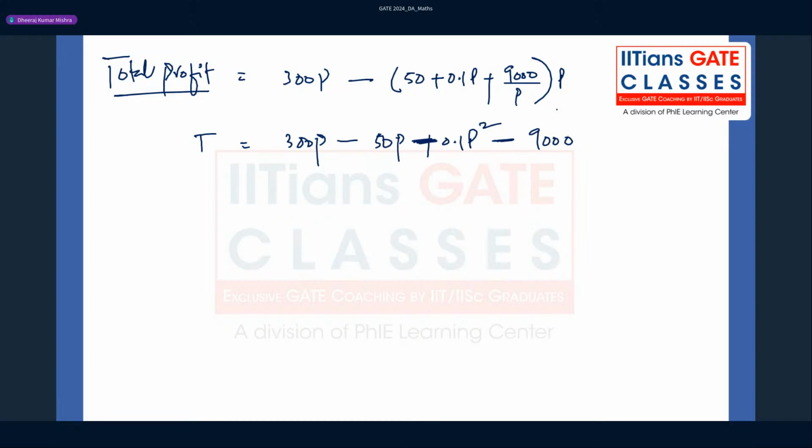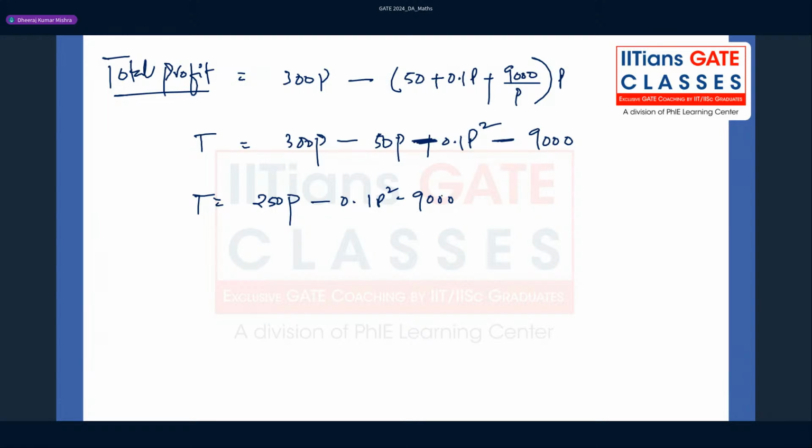I believe this is fine, guys. So this is the correct one you can get here. Now you can subtract, 300p minus 50p is going to be 250p. So finding the p value was very easy and direct, and the second also is very simple. So minus 0.1p square minus 9000. This is a very simple one.